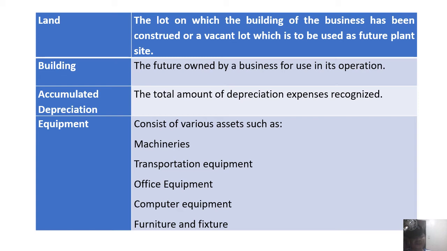Pero pwede namang gamitin din yung title niya, especially kung masyadong maraming property ang business. So, hindi pwedeng pag-isahin lang siya as equipment. Mas maganda na i-classify din siya para malaman mo kung magkano ang machinery, transportation equipment, at saka office equipment, etc.